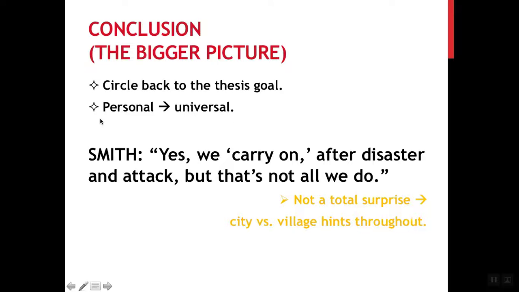And I like to describe this as a transition from personal to universal. Now you're allowing your story to expand into something that connects with our experience as well. And so the line that I took from Smith's broader conclusion is that she says, yes, we carry on after disaster and attack, but that's not all we do, right?